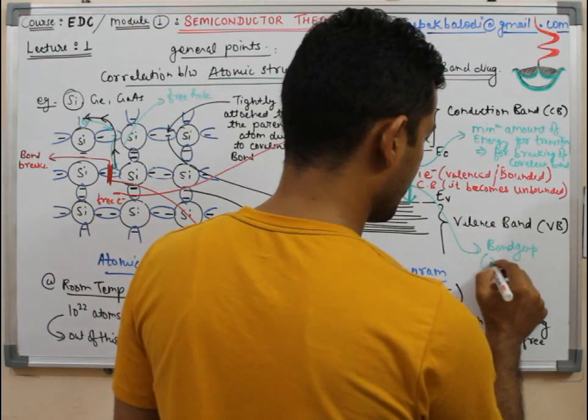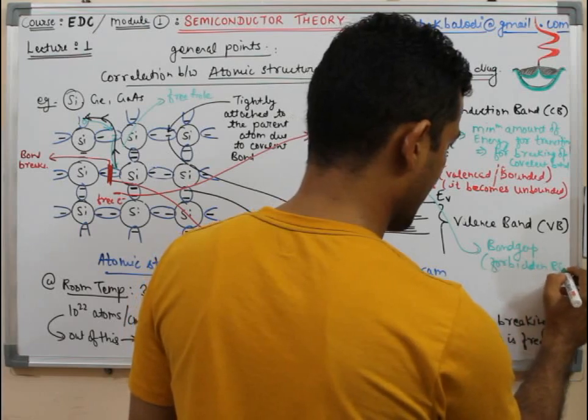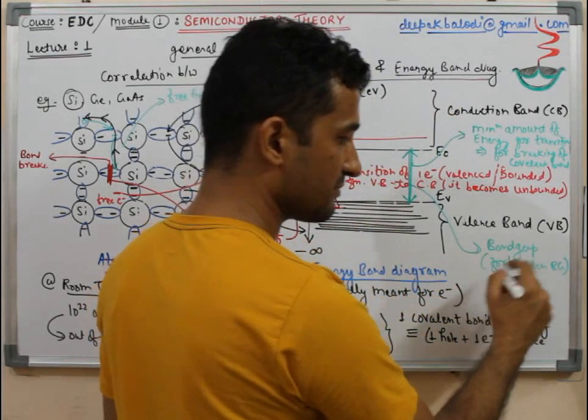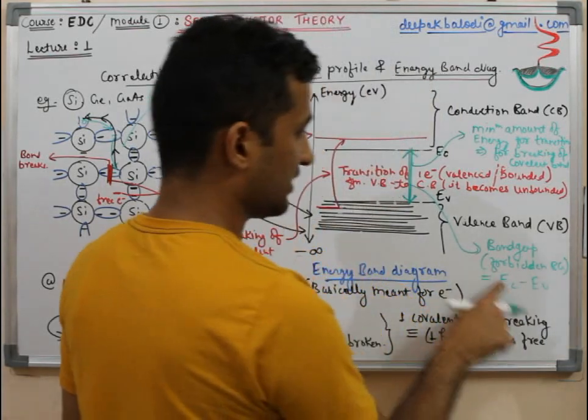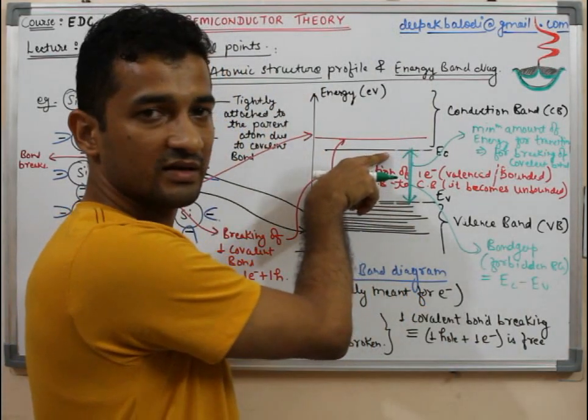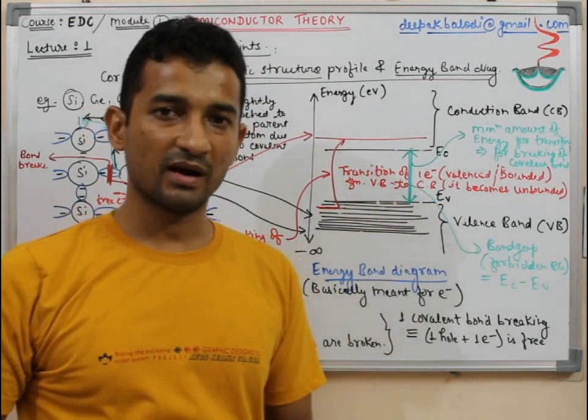Band gap or forbidden band gap, which is given by EC minus EV: the lowest energy level at the conduction band minus the highest energy level at the valence band.